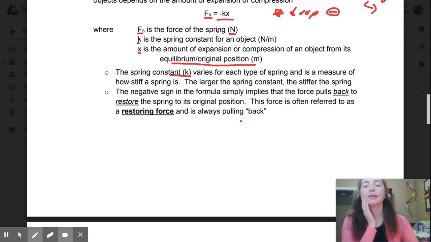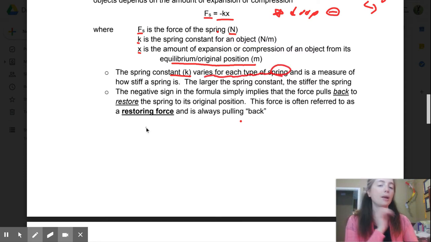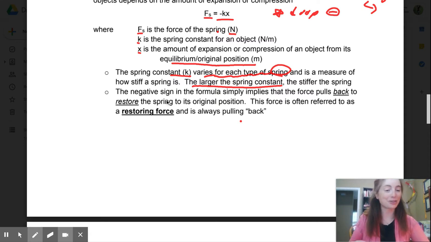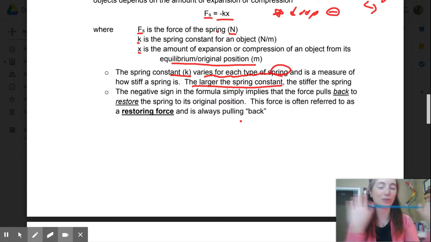And this value is going to vary for each type of spring or each type of elastic or each type of stretchy object. The larger the K, the stiffer the spring, which makes sense when you look at those units. Newtons per meter, the amount of force it takes to stretch a spring 1 meter of distance.